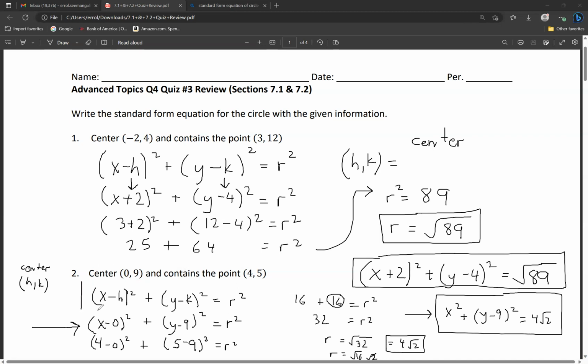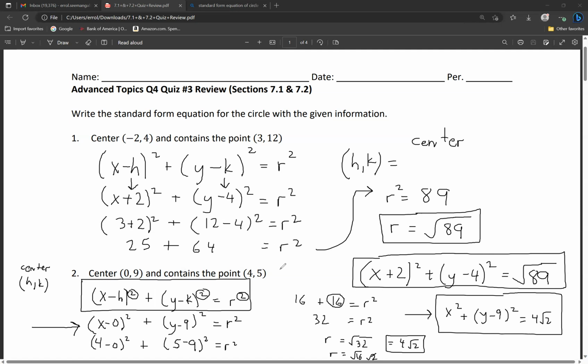Automatically write down the standard formula right here. Just memorize this, or write it on the sheet you'll use for your quiz. Why is it x squared? There's a square here, and there's a square here, and there's a square here.